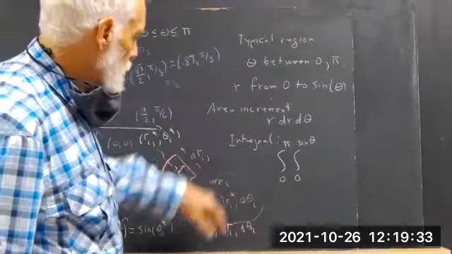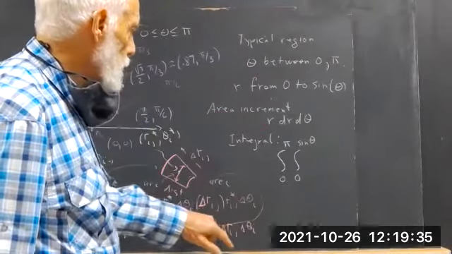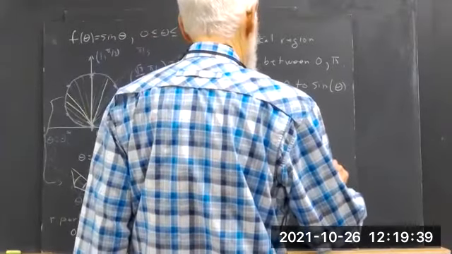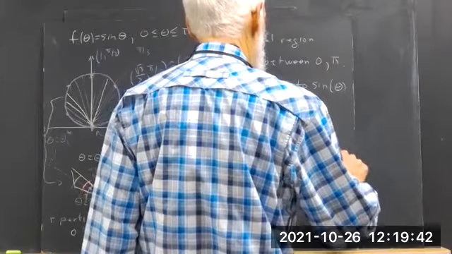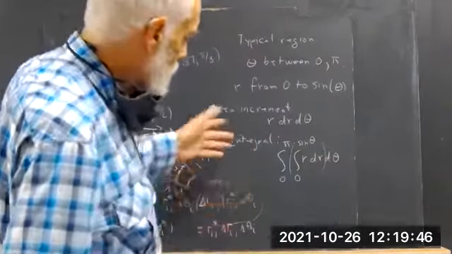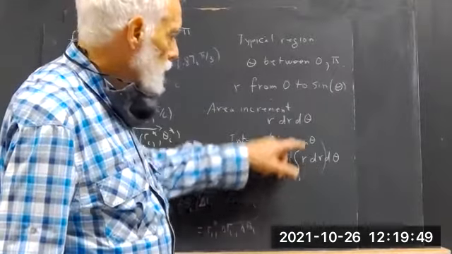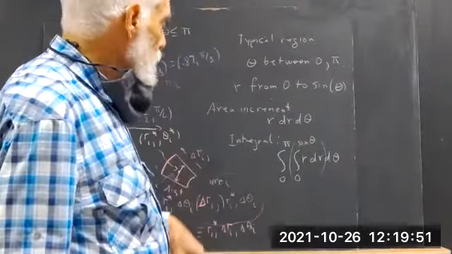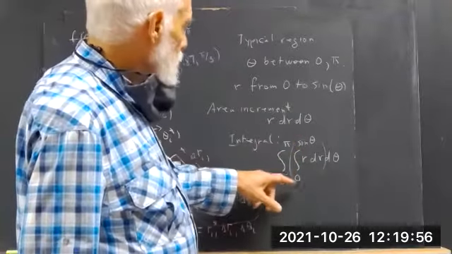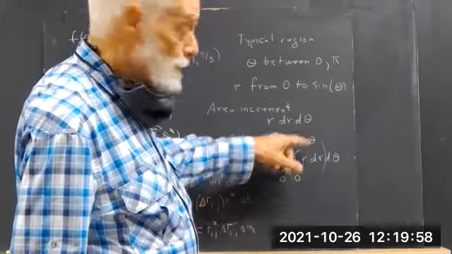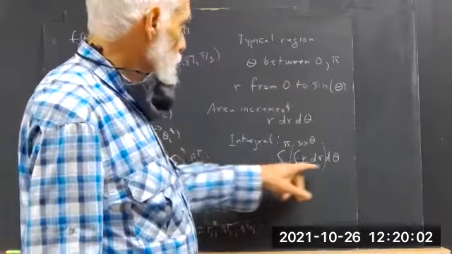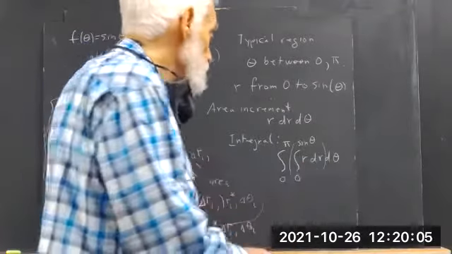And then it's the area increment, the r delta theta, which of course in the limit we write as r dr d theta. We integrate it in this form. We integrate r dr from 0 to sine theta, which with the result of that integral depends on theta. And it's going to be sine squared theta over 2. And then we integrate that from 0 to pi.